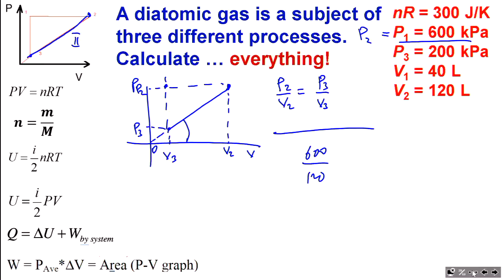And P3 is 200 over V3. So the third volume and the first volume should be equal to each other, which is 40. It is equal 5, right? 0, 0 canceled, 5, 0, 0 canceled, 5.